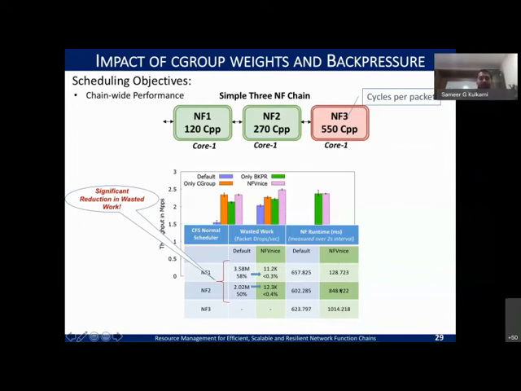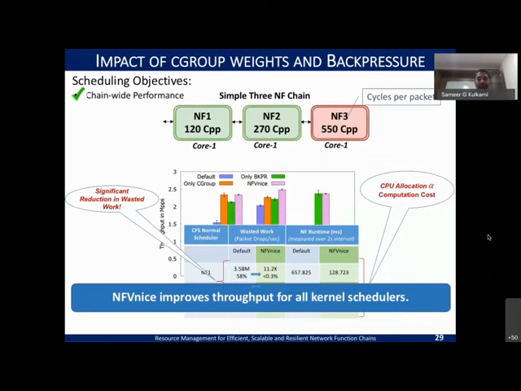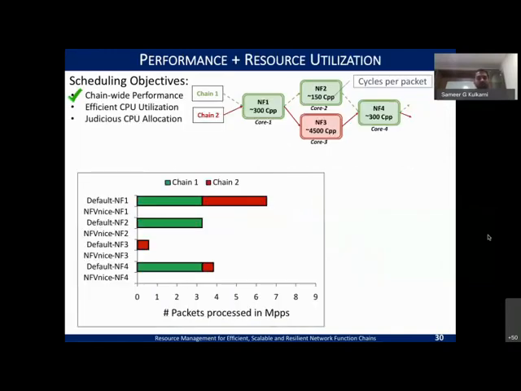So that's where rate and cost are brought together to decide how the CPU should be allocated to different NFs. So CPU allocation truly becomes proportional to computation cost as well as rate.